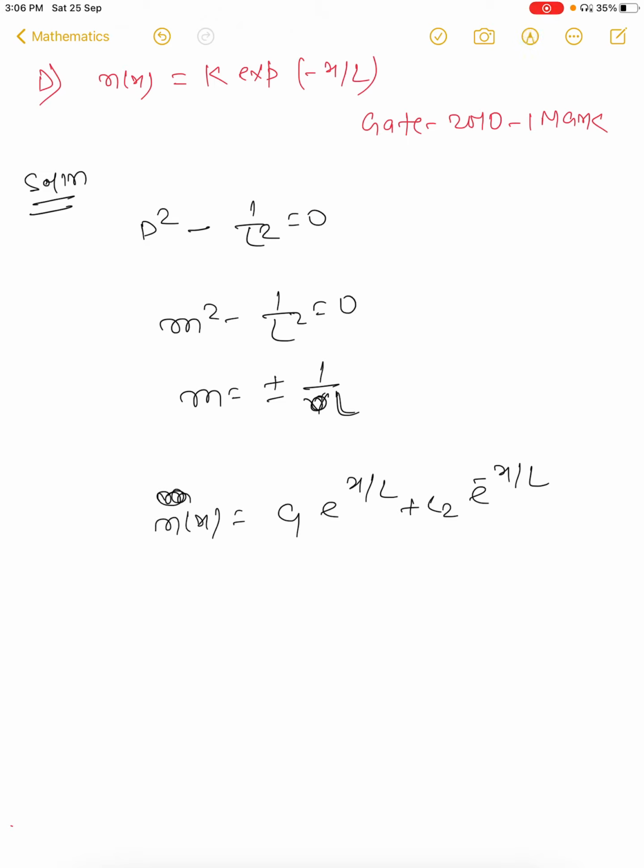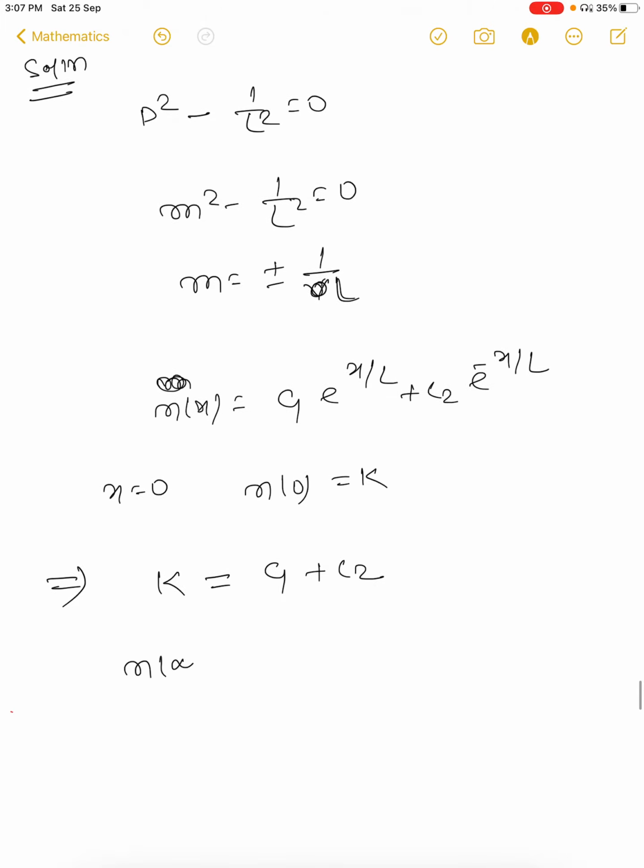Okay, so at x is equal to 0, n is K. Putting x is equal to 0, K is equal to c1 plus c2. Now n at infinity is given as 0. So x is equal to infinity, c1 e^(infinity) plus c2 e^(-infinity) becomes 0.